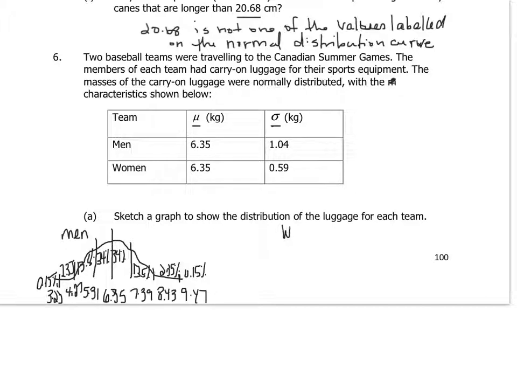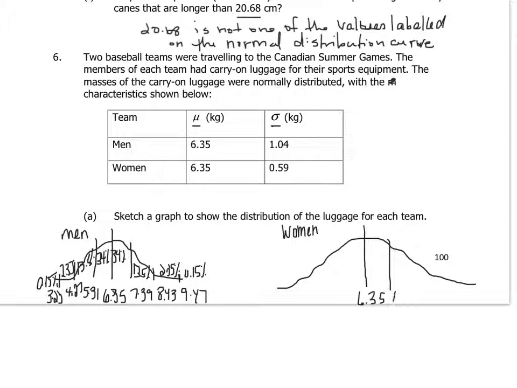And for the women, you would have a mean of 6.35, but this time you'll be adding 0.59.